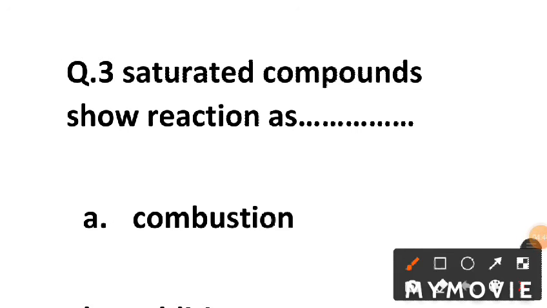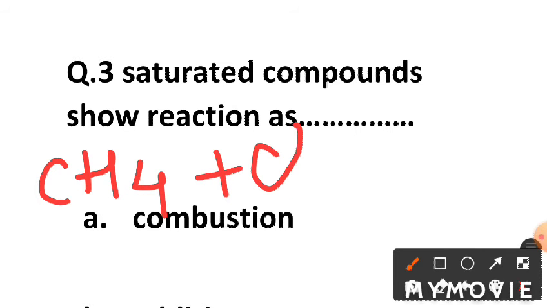First, substitution, which occurs in alkanes like CH4 by adding chlorine in presence of diffused sunlight.